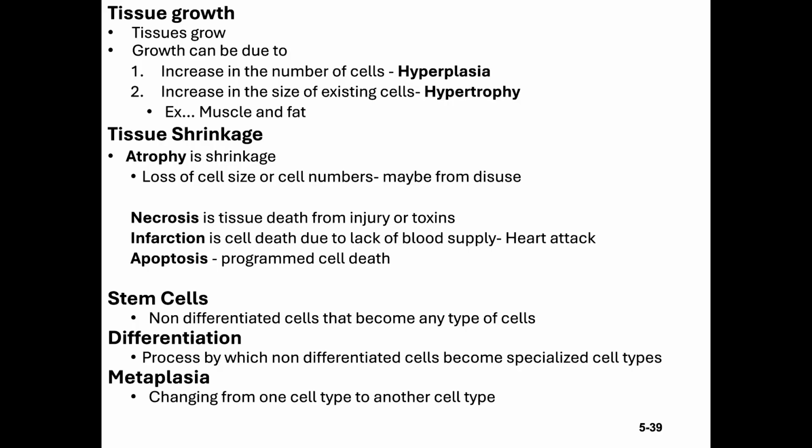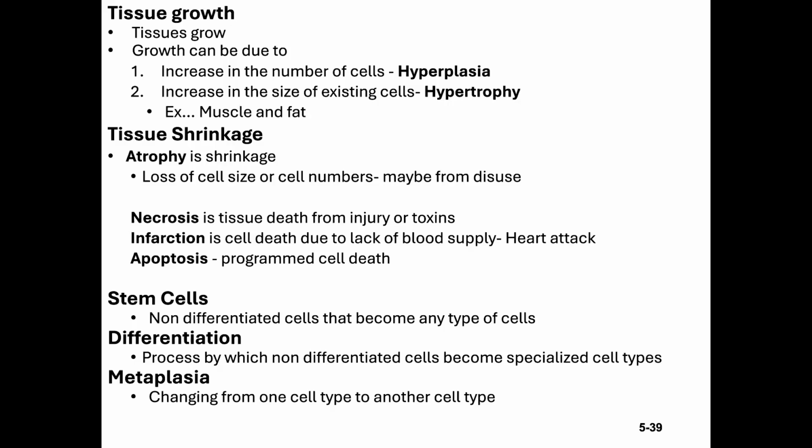Now, there are stem cells in the body. What do you mean by stem cells? You might have heard about stem cell research. What is a stem cell? It's a cell that can become any type of cell. And when a cell changes from one type to the other, that is called differentiation.